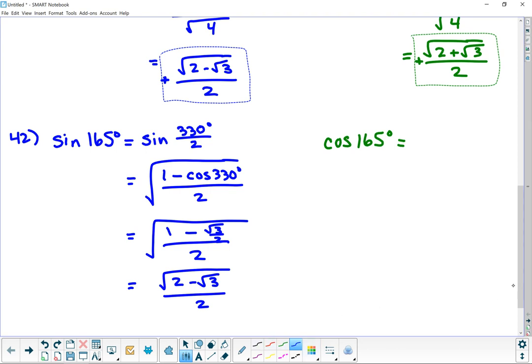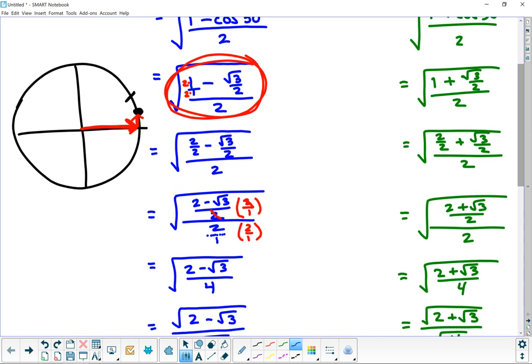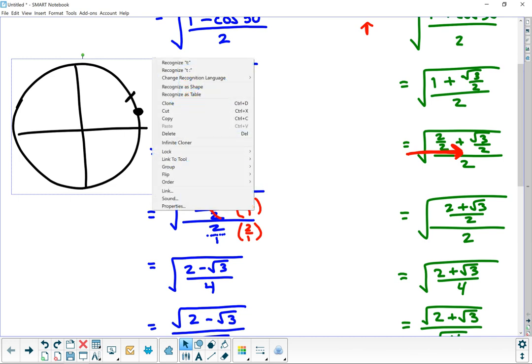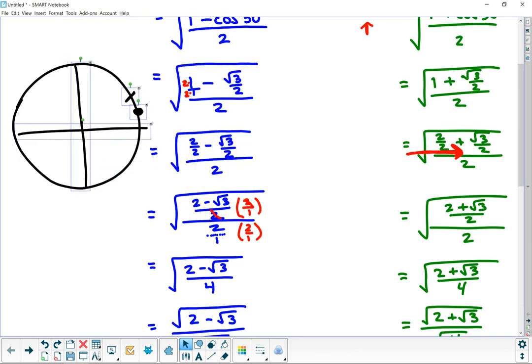Okay, so let's take a look back at a unit circle right here. In our unit circle, 165 degrees. Okay, so, oops. Let me ungroup that. So 180 is right here. 150 we know is right here.